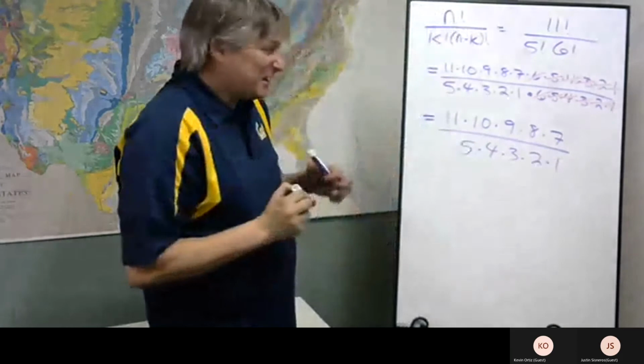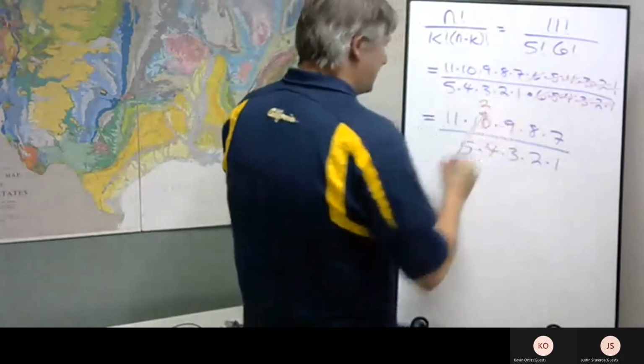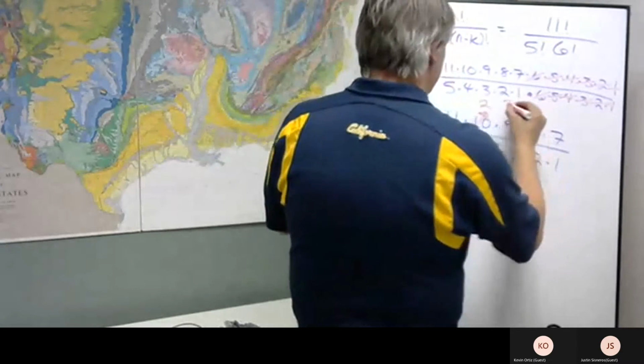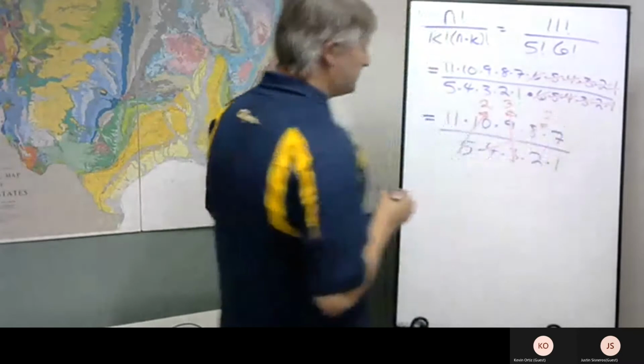And we could do some other cancellation, like 5 goes into 10 2 times, 3 goes into 9 3 times, 4 goes into 8 2 times.